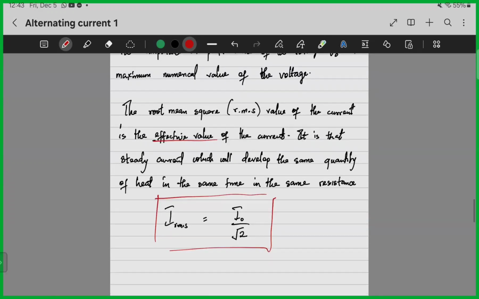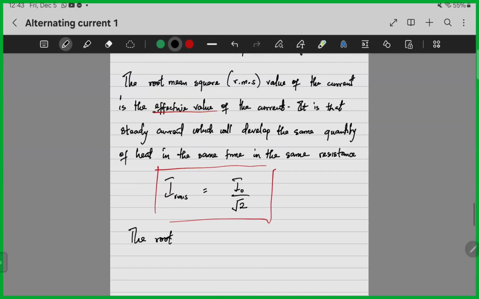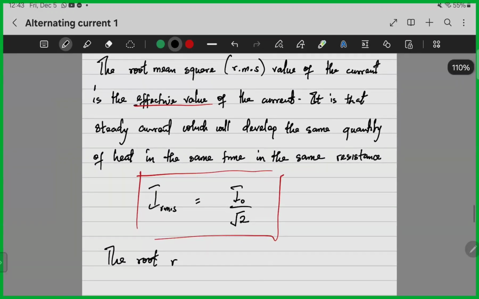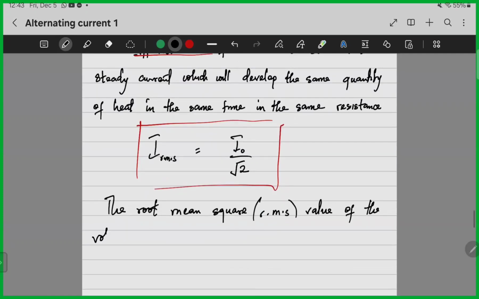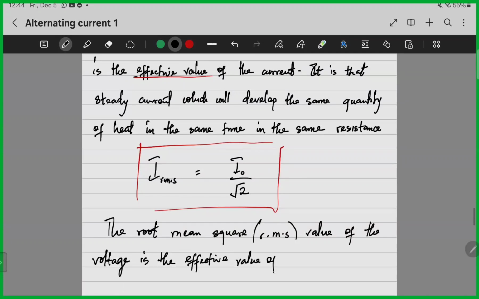I can quickly write that the root mean square, I just want to repeat what is here, but for voltage now. The root mean square, RMS value of the voltage is the effective value of the voltage.